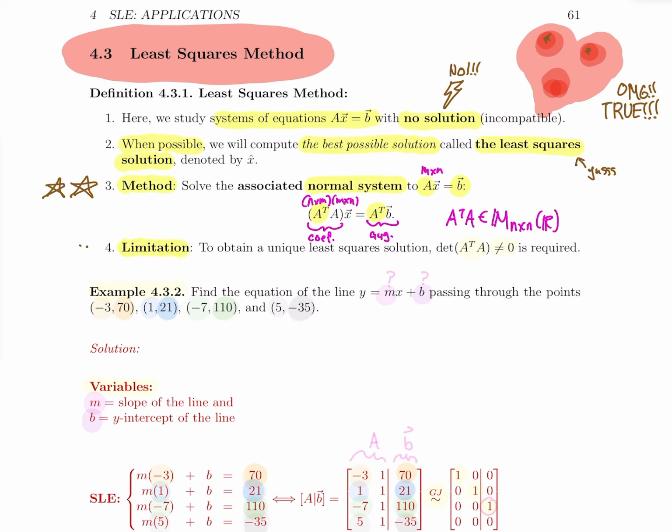A small concern here: I said when possible, so when is this possible? There is a limitation, but for sure, if you compute the determinant of A transpose times A, which is a square matrix, and you don't get zero, then for sure there's a best possible solution. Again, I want to be clear: this is really algorithmic at this point. I'm just saying, hey, there's no solution.